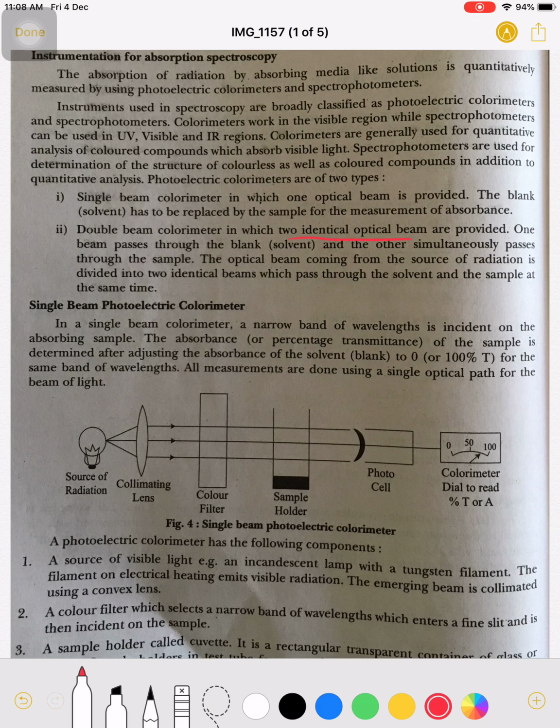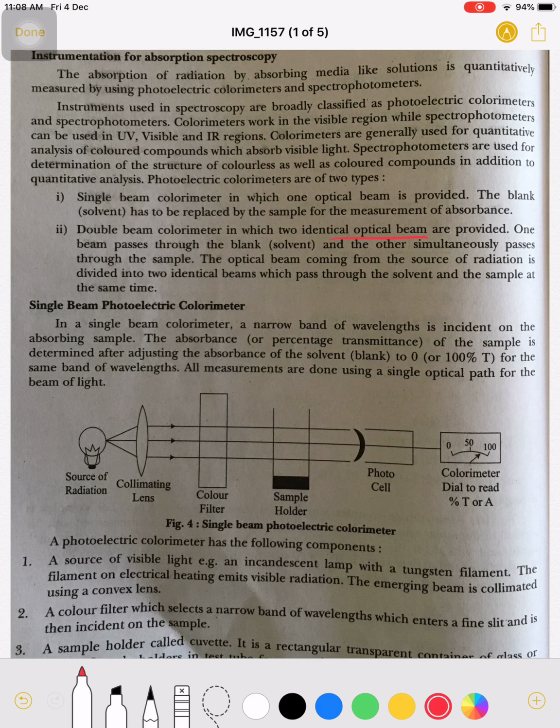One beam passes through the blank and the other simultaneously passes through the sample. So in the double beam spectrophotometer, we use two identical optical beams, while in the single beam colorimeter, we use only one optical beam.